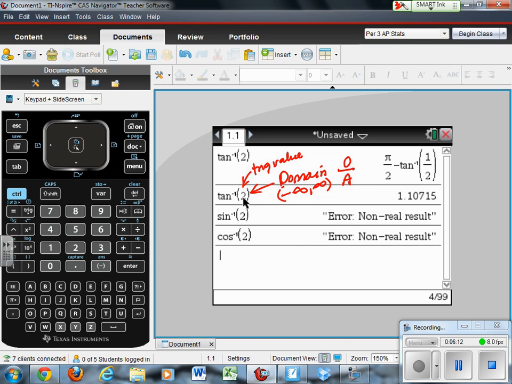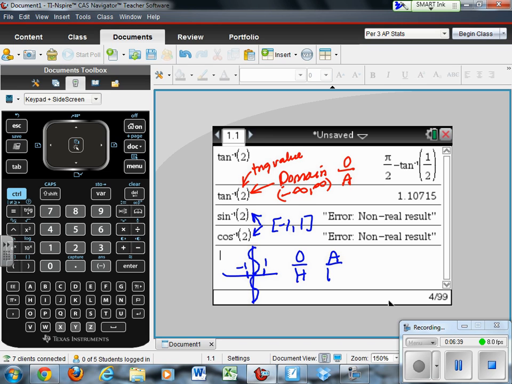However, when you look at sine and cosine, the domain for both is -1 to 1. Remember, the graph looks like this. This is the inverse sine one. It's the curved graph, and it only goes from -1 to 1 on the x-axis when we're talking about the inverse function. That's because sine is opposite over hypotenuse, and cosine is adjacent over hypotenuse.